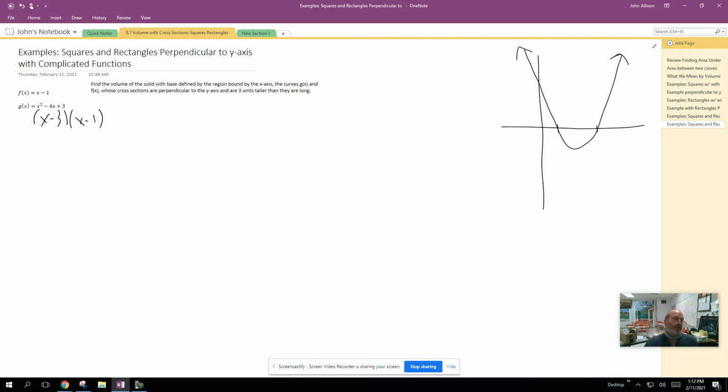And then we have the function x minus 1. So x minus 1 hits at -1. It has slope 1, so it goes up like this. This time, I don't think I defined it in this problem, but we're going to do it in the first quadrant. How about that? Region in the first quadrant.